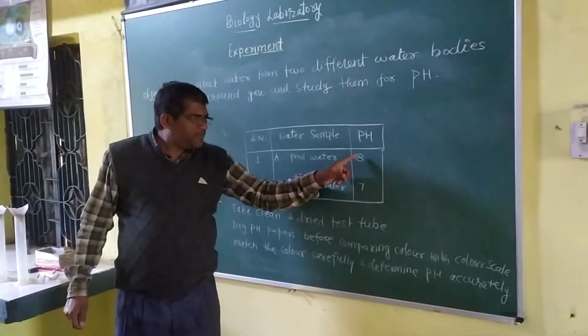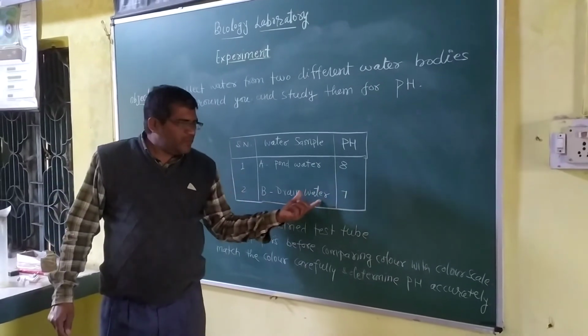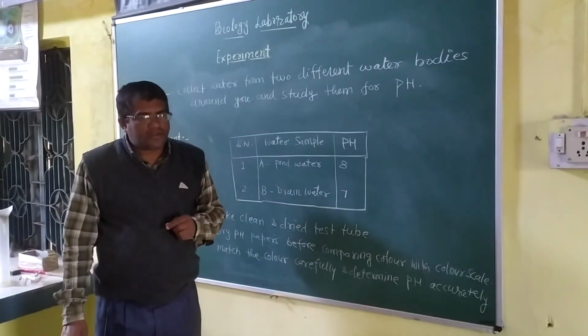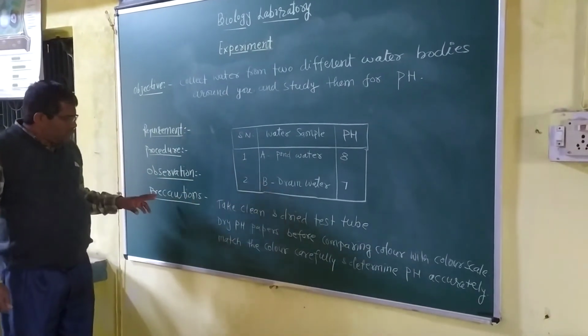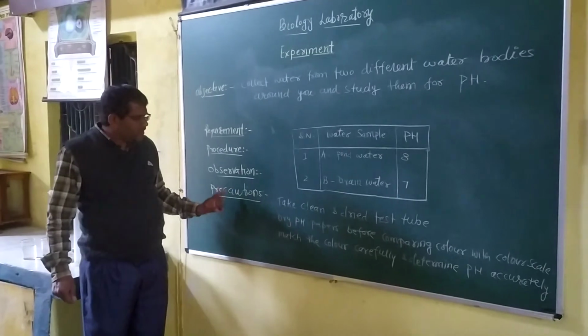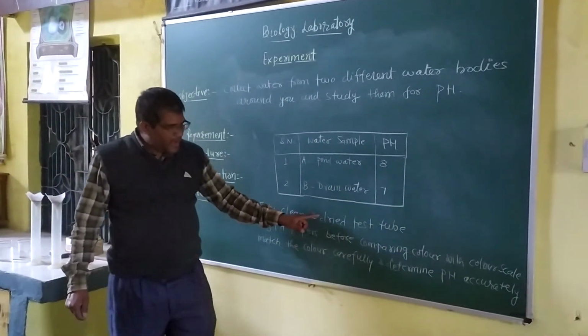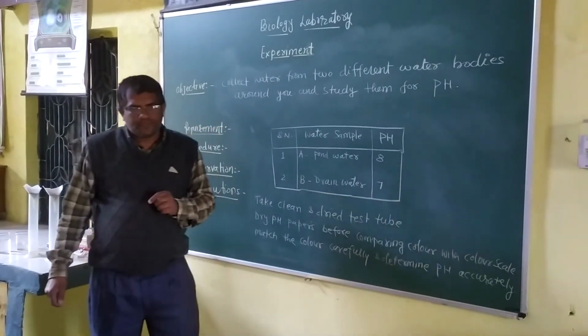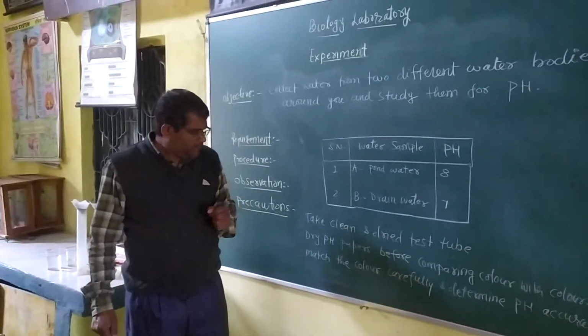It means the pH of the drain water is less. It means the drain water is polluted water. After this observation, we have to know about the precautions. Number 1, take a clean and dry test tube. A clean and dry test tube should be taken for the experiment.